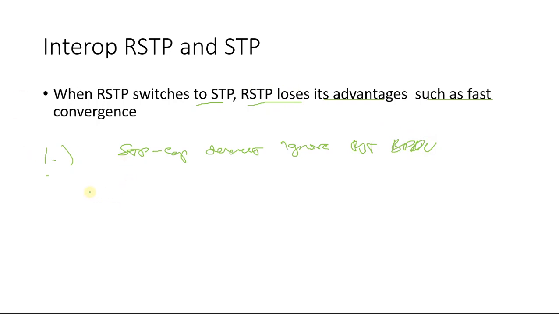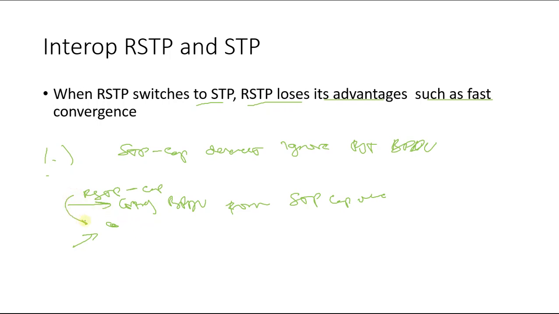Let me explain again. If a port on an RSTP capable device receives a configuration BPDU from an STP capable device, this port switches to the STP mode.